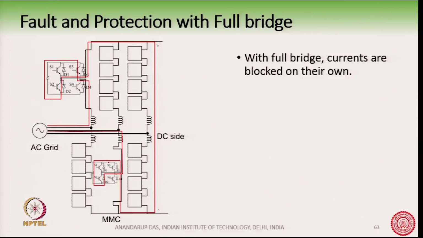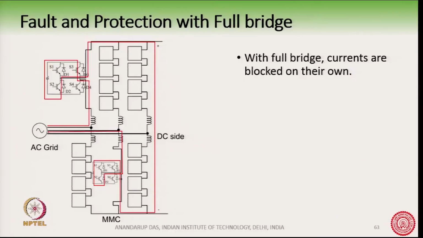You will see that the current flows like this and goes through the capacitor here and goes through like this, comes out of the full bridge, goes to the DC side, there is a pole to pole fault here, comes here, and then again the path gets completed through this capacitor and then through this inductor and goes back to the AC grid, right.